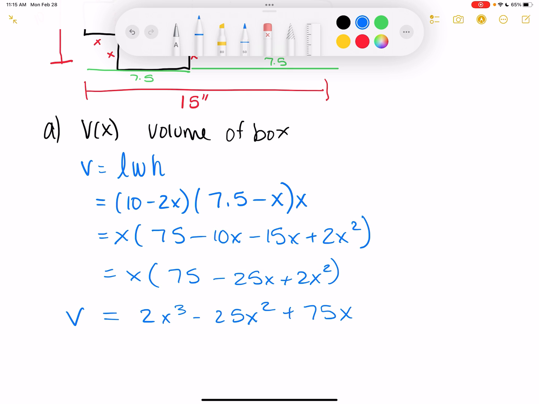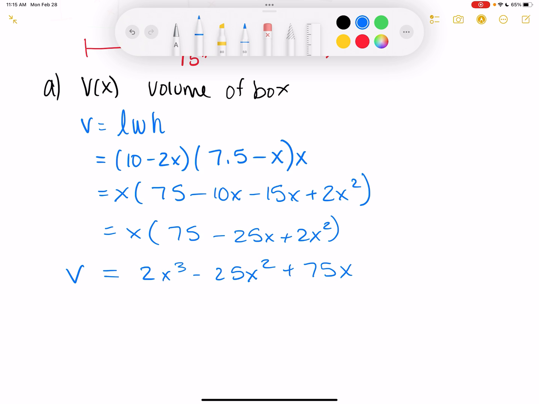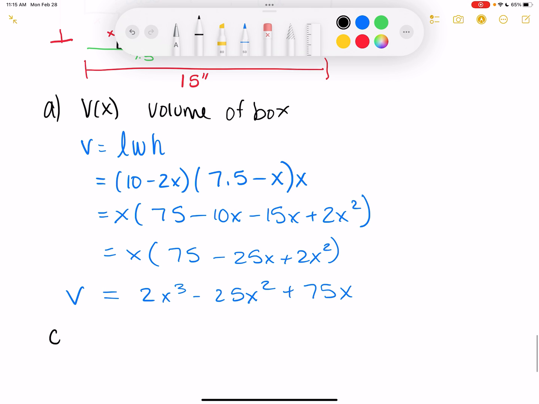All right, so we're going to take the derivative here now for part D, because it says to confirm your result from part C, which said to use a graphical method to find the max volume and the value of x that it gives. So let's just look at C really quick.